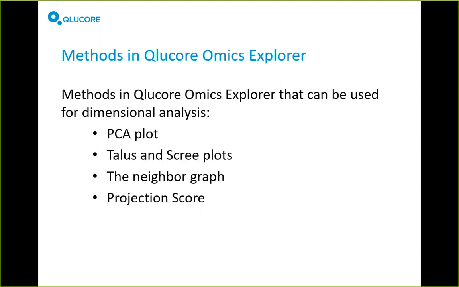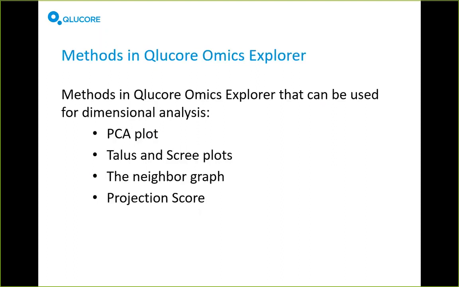I'm going to show you today in the demo part of the webinar a couple of plots called Talus and Scree, which are used to find out how many dimensions there are in a data set. And also, we'll take a look at something called the neighbor graph, which is a way to know a little bit more about whether your samples are similar or not, and to get more information than the PCA usually can convey.